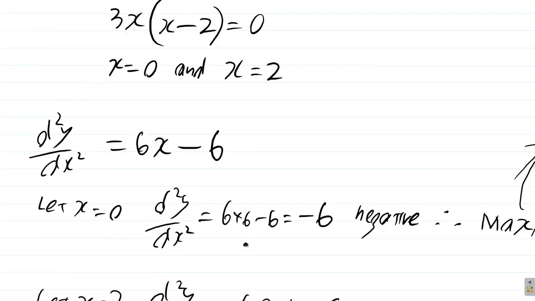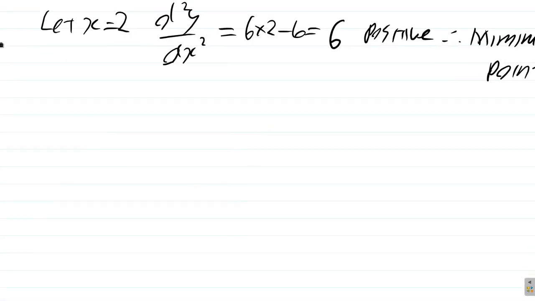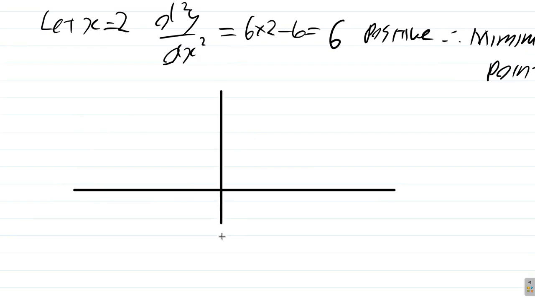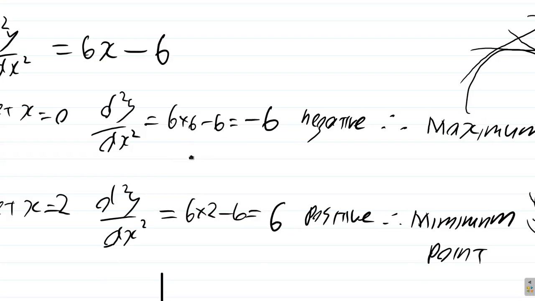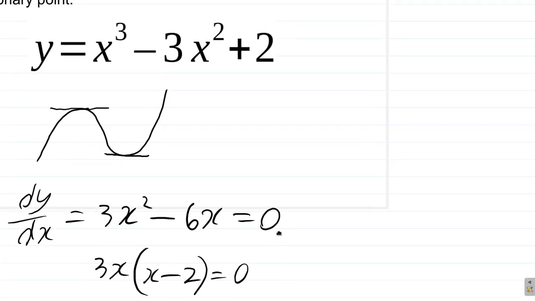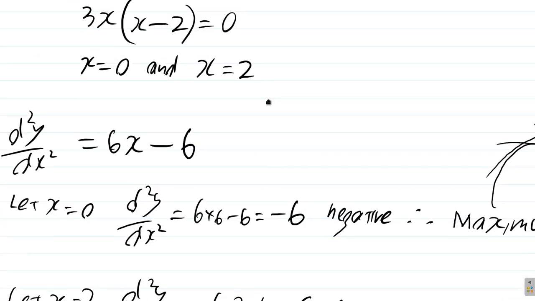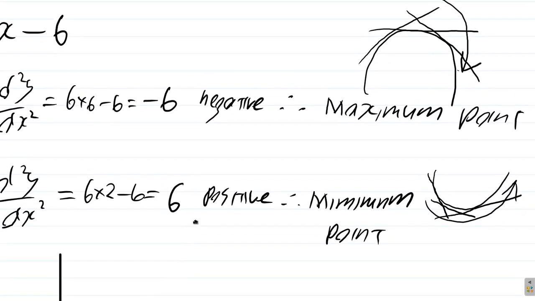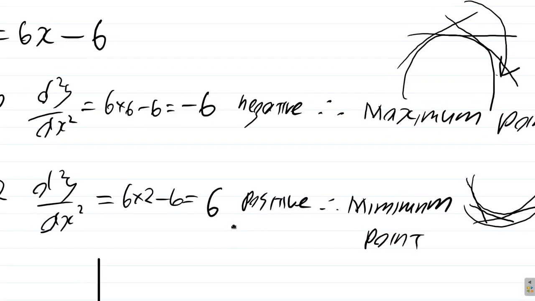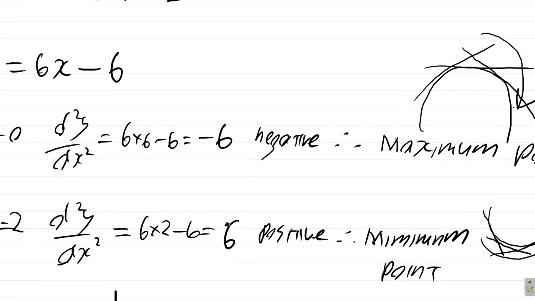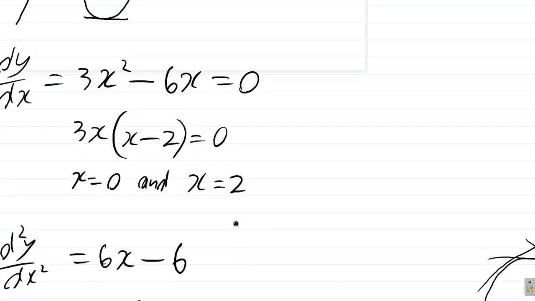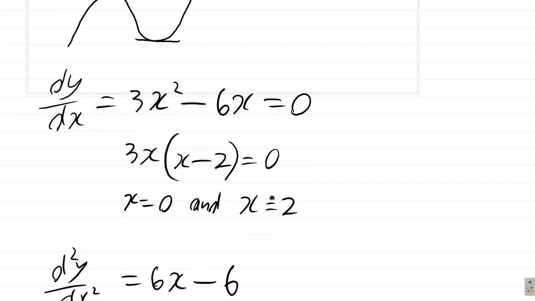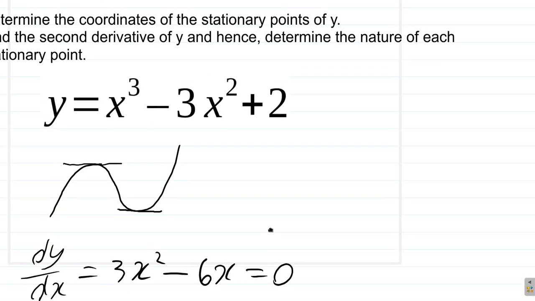Now they didn't ask you to sketch it, but suppose you should do a little sketch of the function. Then you would have two points, maximum and minimum. You'd have to find the y coordinates as well if you sketch it.